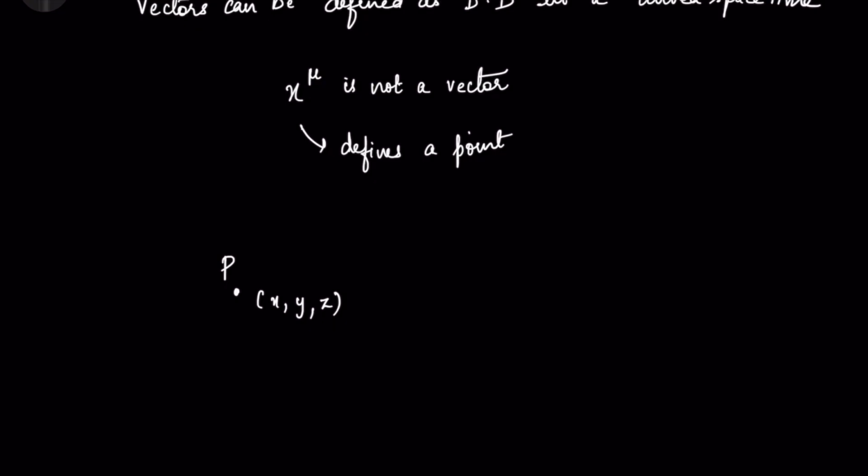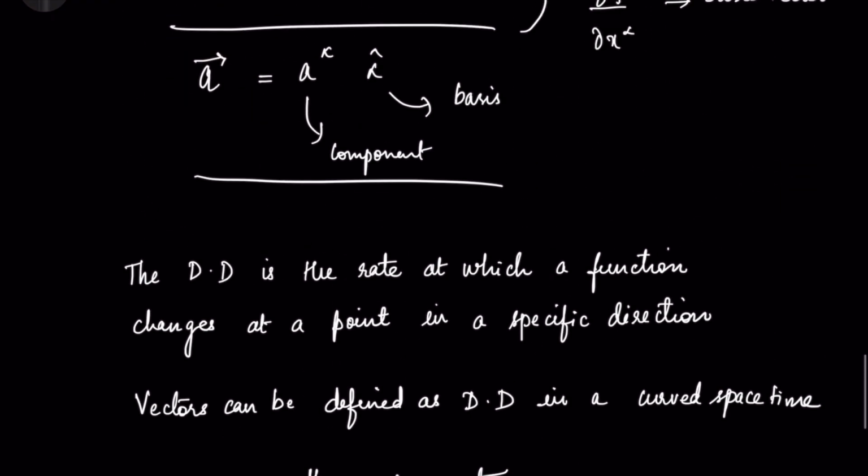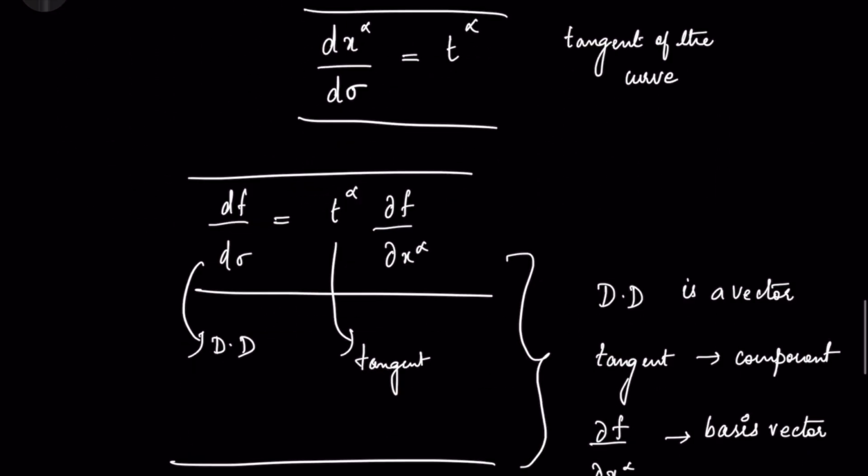For example, point P is given by x, y, z. Similarly, here x mu is not a vector. What is a vector? The directional derivative is a vector. X mu just defines a point in the space-time, where mu can take 0, 1, 2, 3. So it will be x0, x1, x2, and so on. These are the coordinates that define a point. So the vector associated with each point in a Riemannian space-time is the directional derivative, and x mu is not a vector, x mu defines a point.